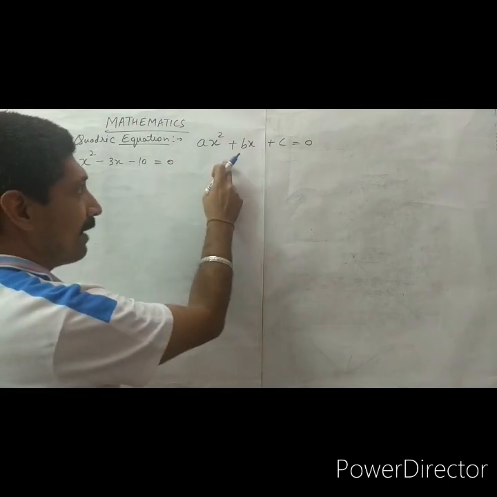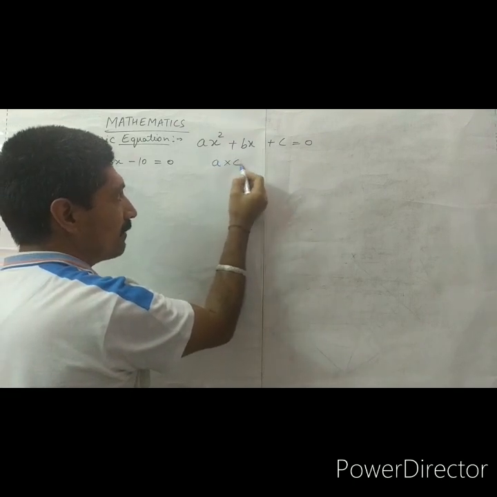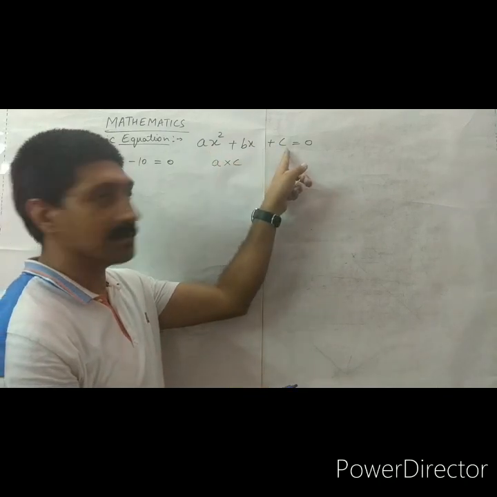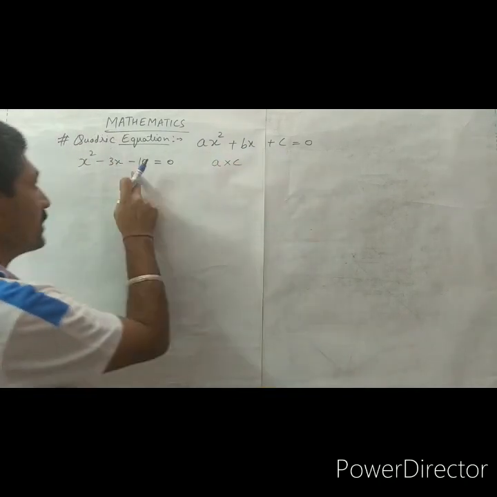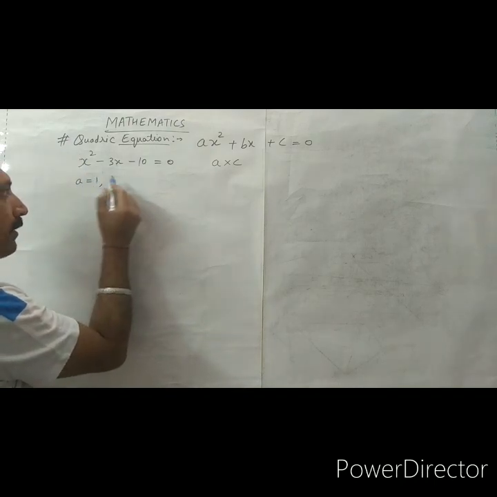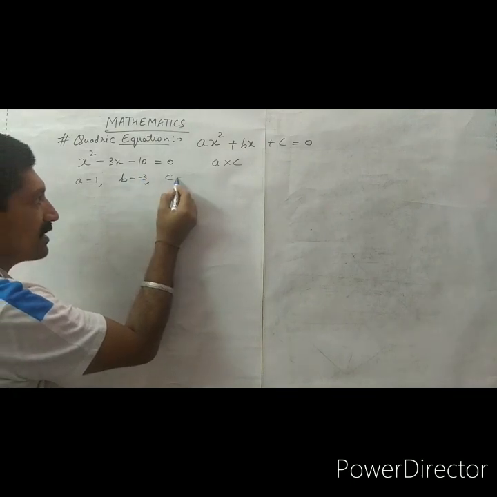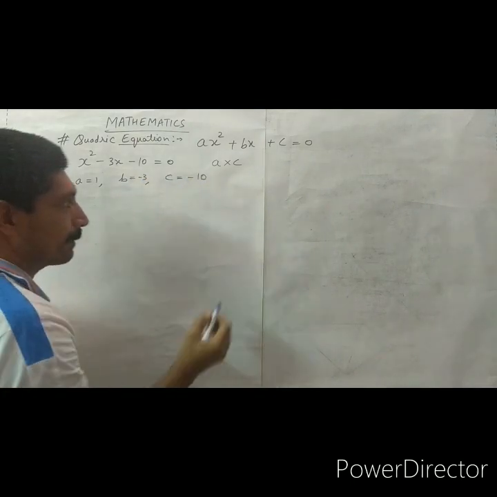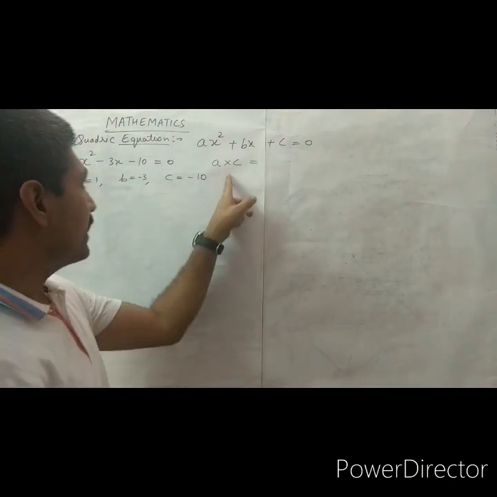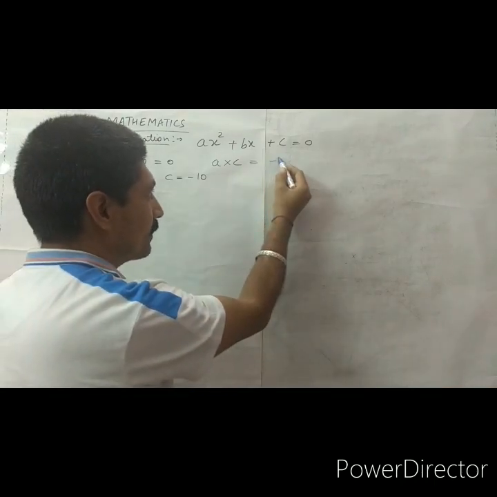In the factorization method, we multiply a with c, the coefficient of x square and the constant term c. In this case, a is 1, b is equal to minus 3, c is equal to minus 10. So a into c is equal to minus 10.